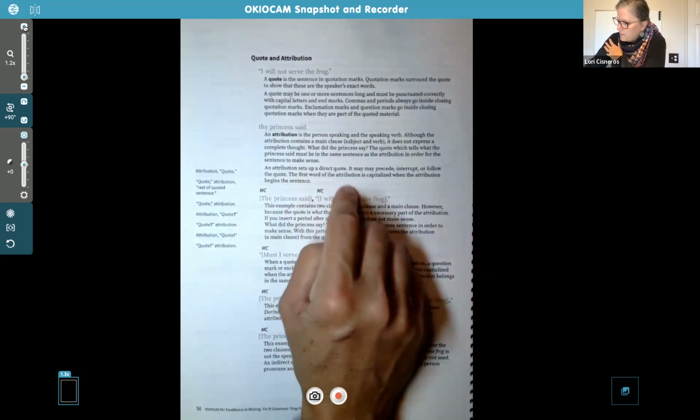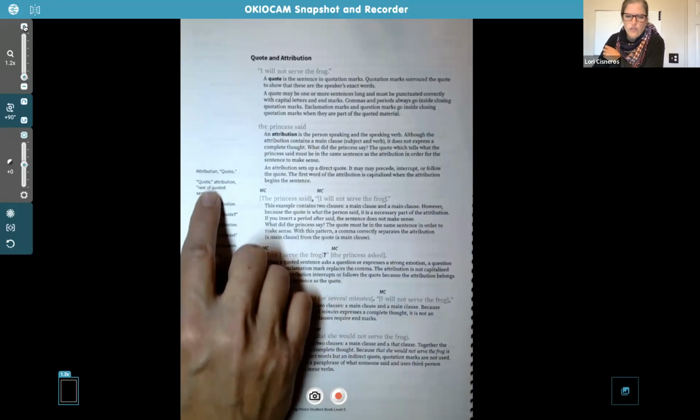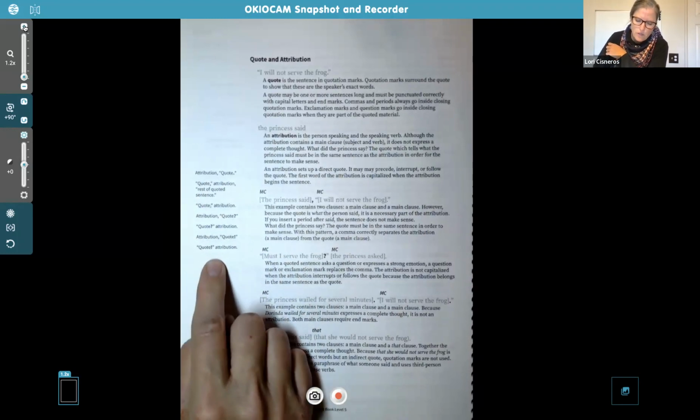An attribution sets up a direct quote. It may precede, interrupt, or follow the quote. The first word of the attribution is capitalized when the attribution begins the sentence. And here's a little key on the side. This will be good for you to refer back to, especially when you're writing more about Tom Sawyer this coming week, because there's a lot of speaking lines in that story that you might want to use.